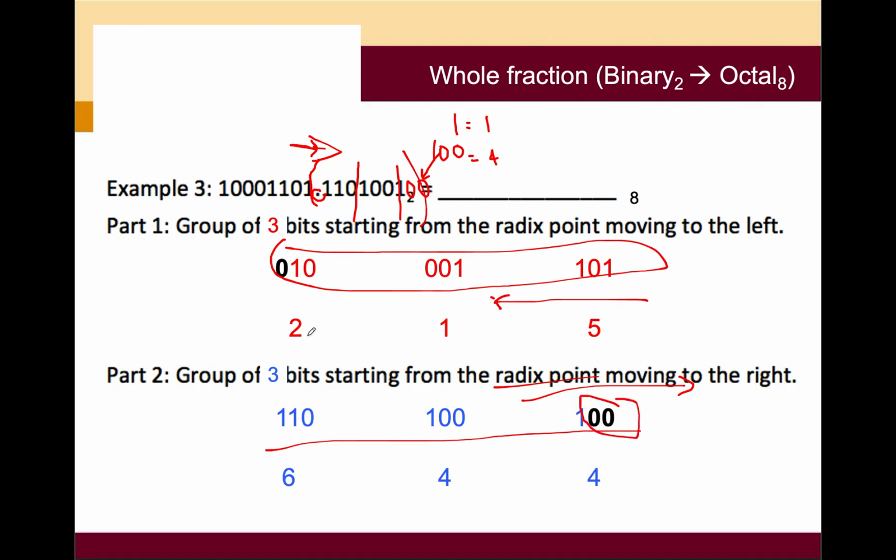That's why you will get 215.644 as the conversion of your binary number. So now, this is just recall 2 to the power of n equal to 8, and you get n.